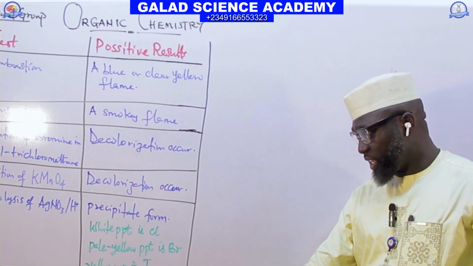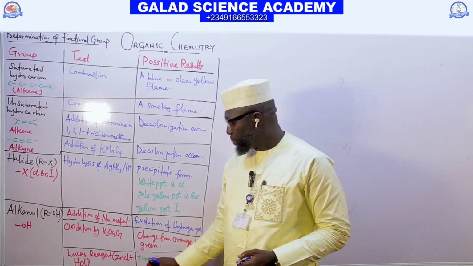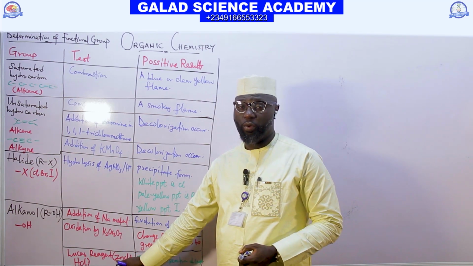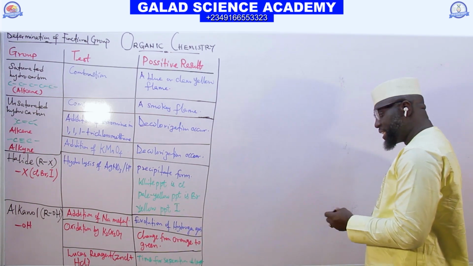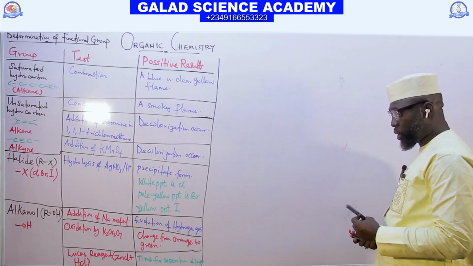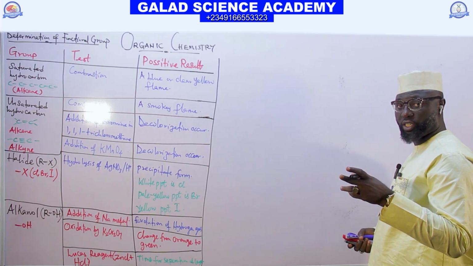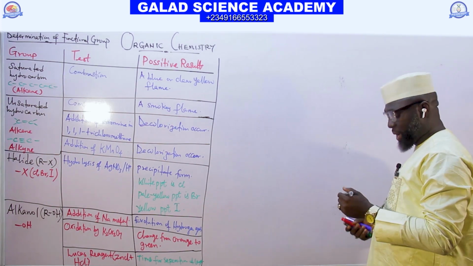The time for separation of two layers is the positive test for the Lucas reagent with alkanol. It is immediate separation with tertiary alkanol. It will take 5 to 10 minutes for secondary, while it is up to an hour for primary.